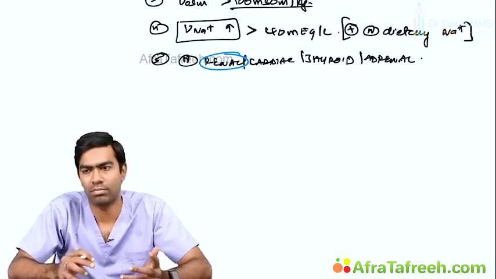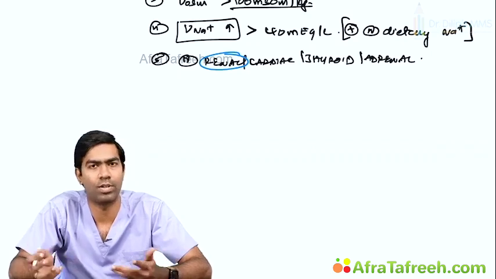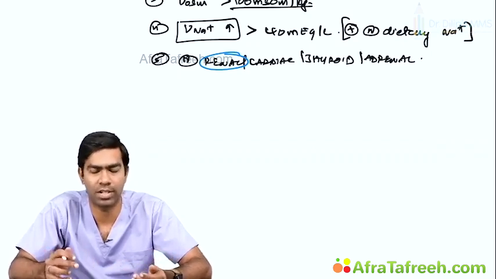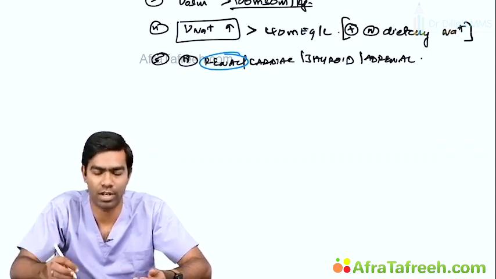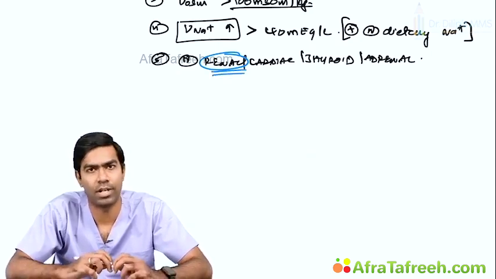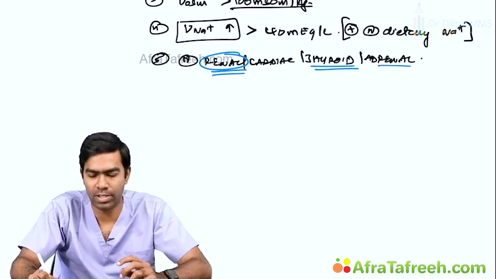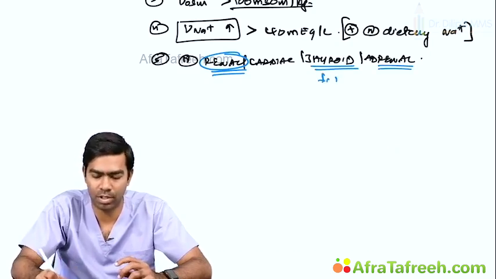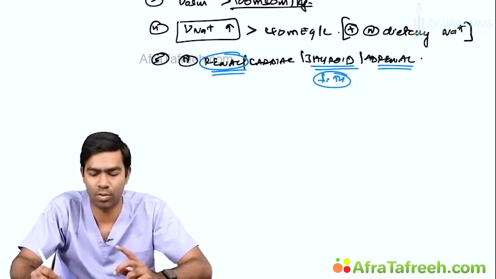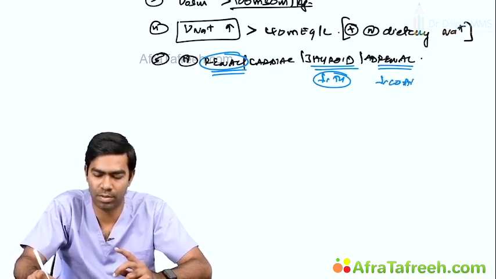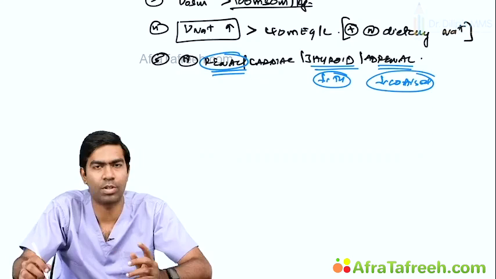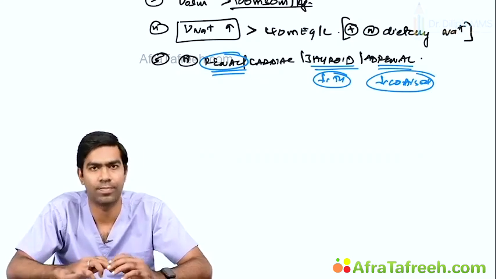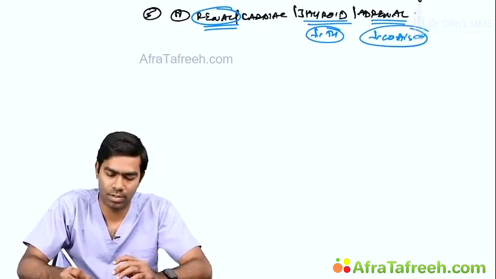Urine osmolality will be isotonic to that of the plasma if the patient has advanced renal failure, but it will still confirm your diagnosis. That's why the patient should have normal renal function. And why normal thyroid and normal adrenal? Because hypothyroidism can mimic SIADH, I told you, and hypocortisolism itself can produce SIADH. So some authors do not call this SIADH, that's why. So this is the 5th point.